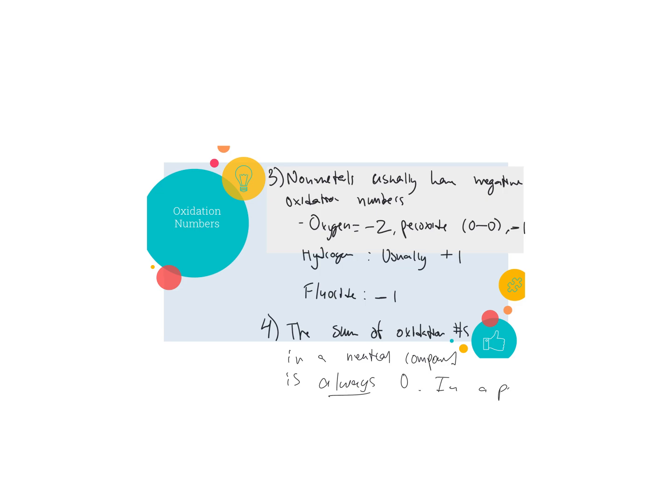In a polyatomic ion, the sum equals the charge. So if I have nitrate, for example, the sum must equal -1, because the charge of the polyatomic ion is -1.